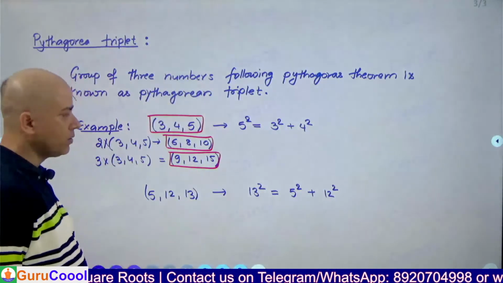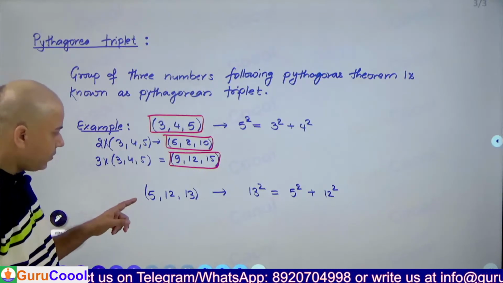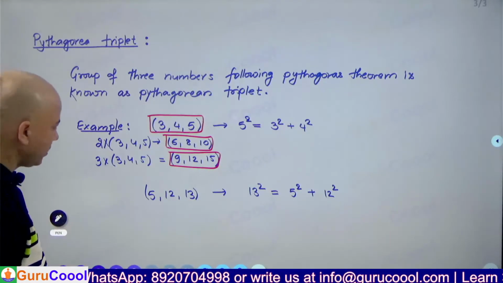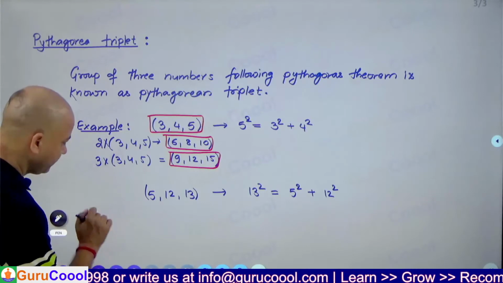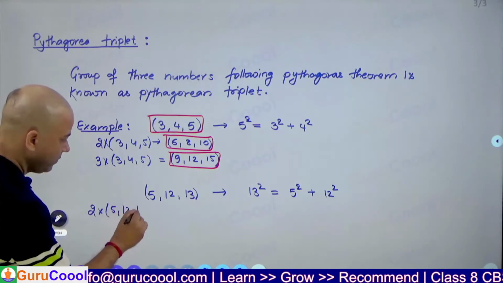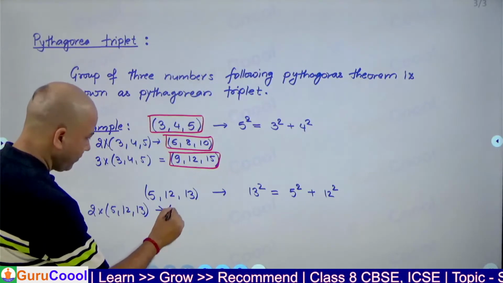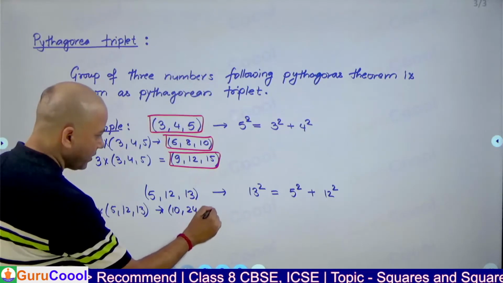It also follows the Pythagoras theorem. Here also, if you multiply with 2, with 3, with 4, you will get Pythagorean triplets. You multiply 5, 12, 13 with 2, and you get 10, 24, 26.